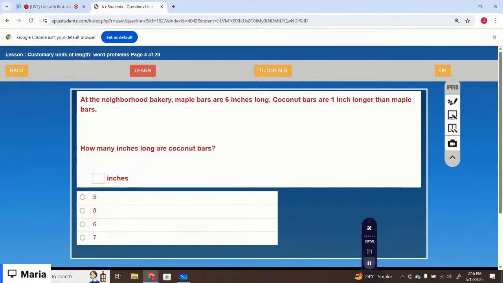At a neighborhood bakery, maple bars are 6 inches long. Coconut bars are 1 inch longer than maple bars. So how many inches long are coconut bars? Which is the correct option?